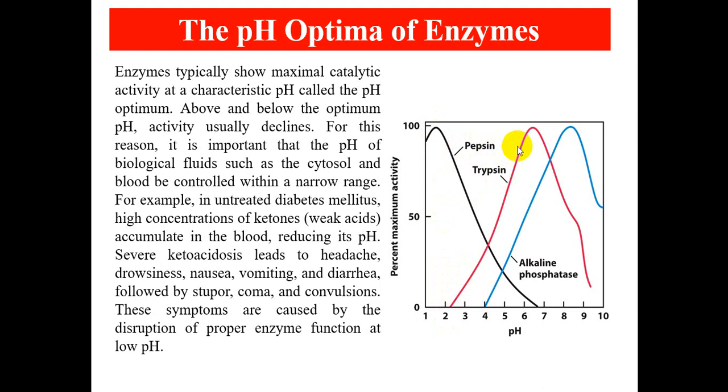Trypsin is produced by the pancreas, and trypsin has a pH almost neutral. Then we have alkaline phosphatase, one of the enzymes produced in the liver, especially when the serum or blood level of this enzyme is very high.